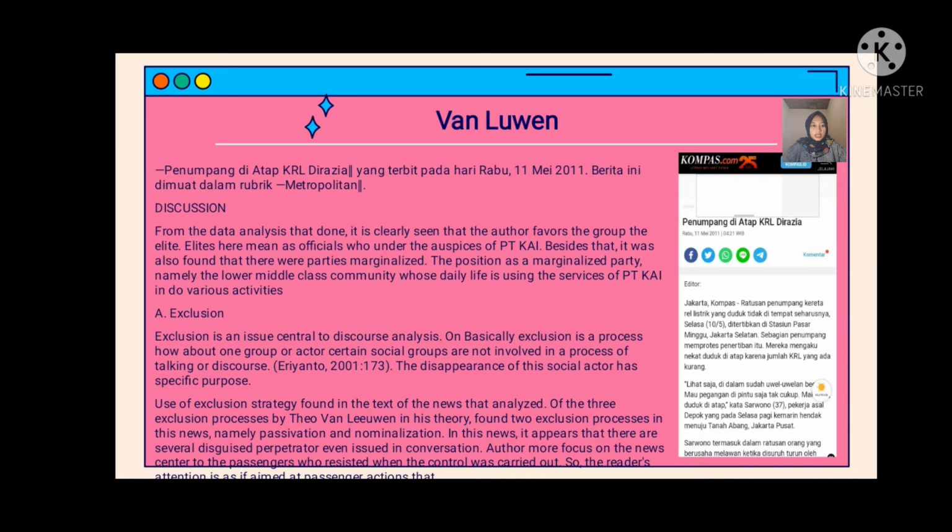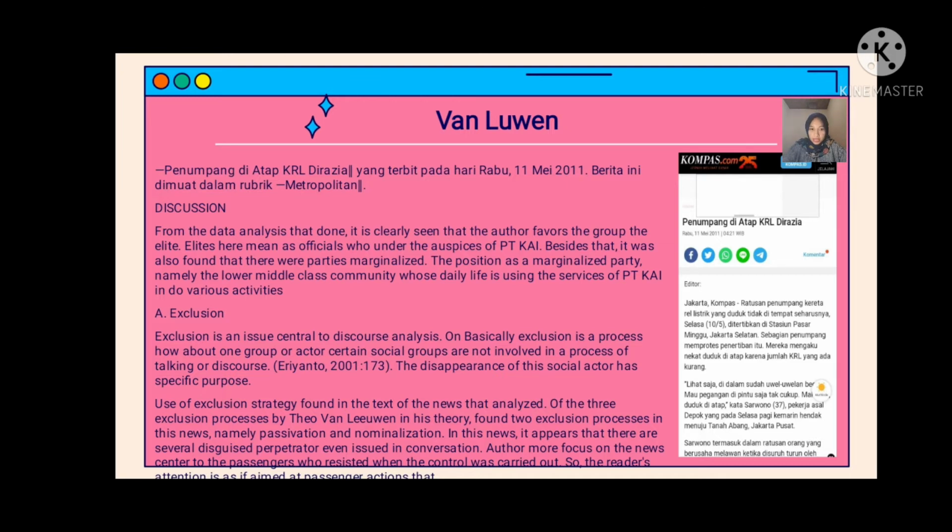So the reader's attention is aimed at the passengers' action. The author in this news wants to emphasize the action of the marginalized actor here, of course the KRL passengers.